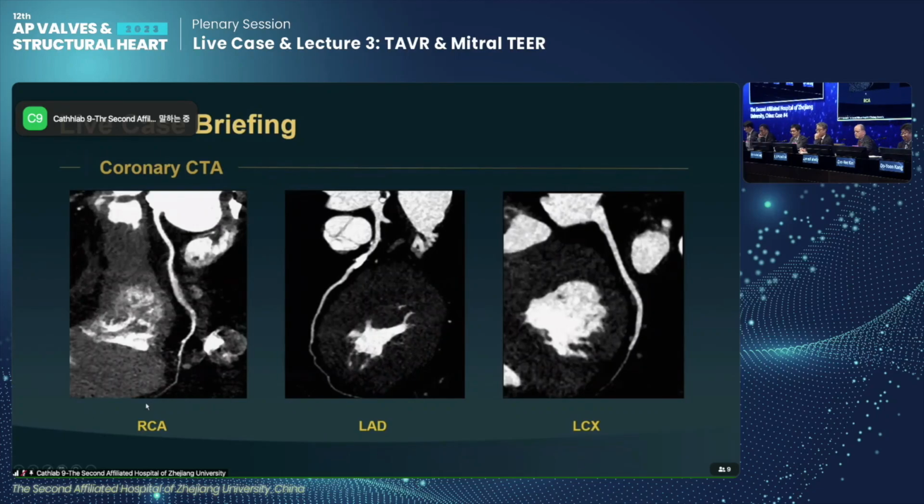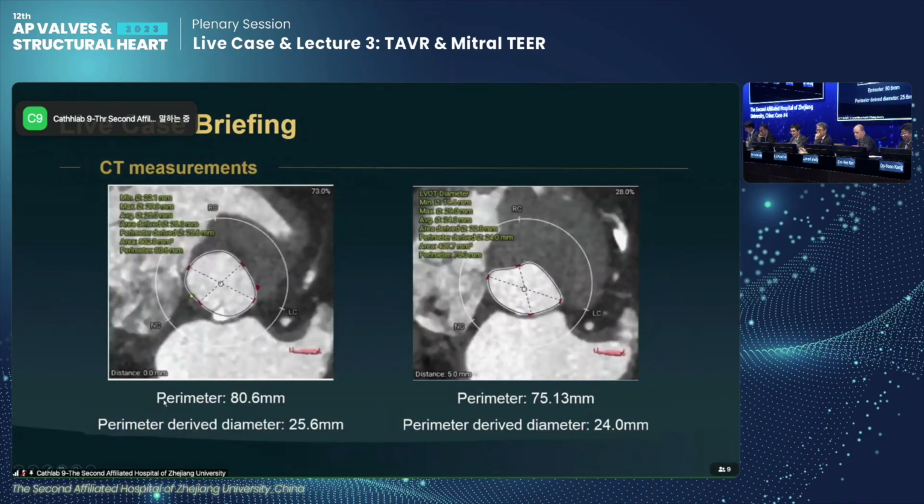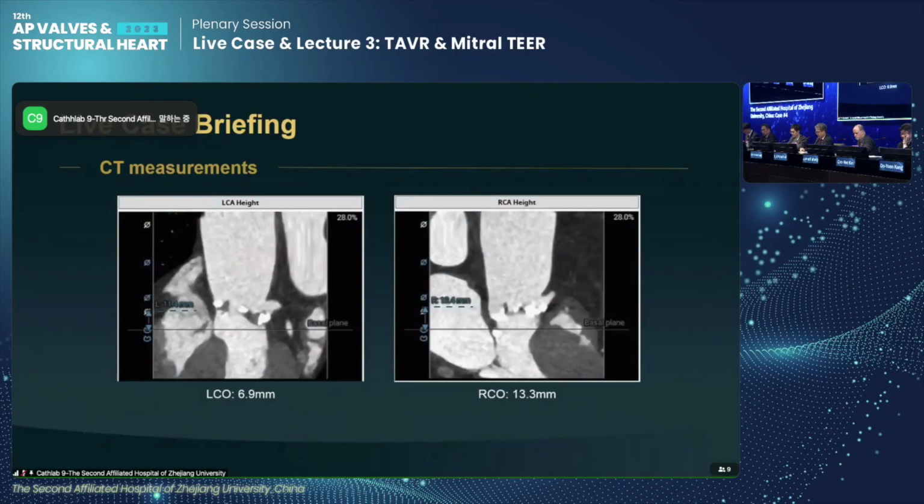From the CT screening, we can see the perimeter is about 81 millimeters, and the perimeter derived diameter is about 25.6 millimeters. The LVOT is about 75 millimeters.